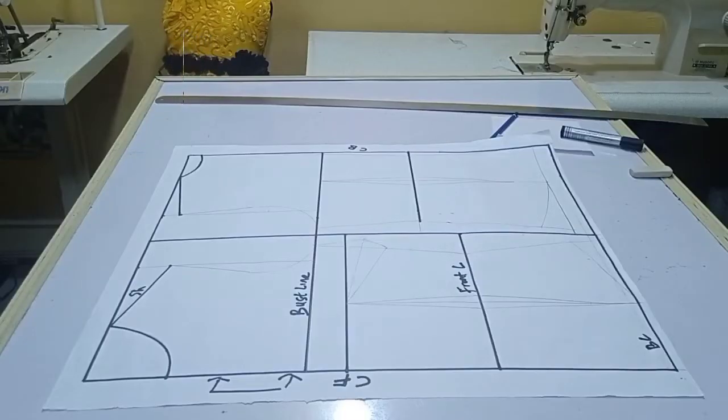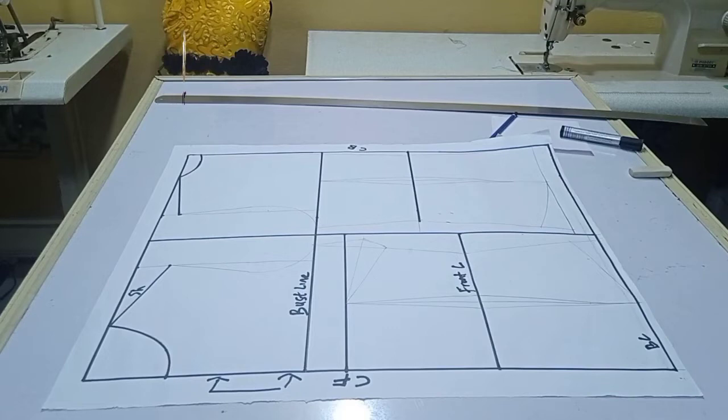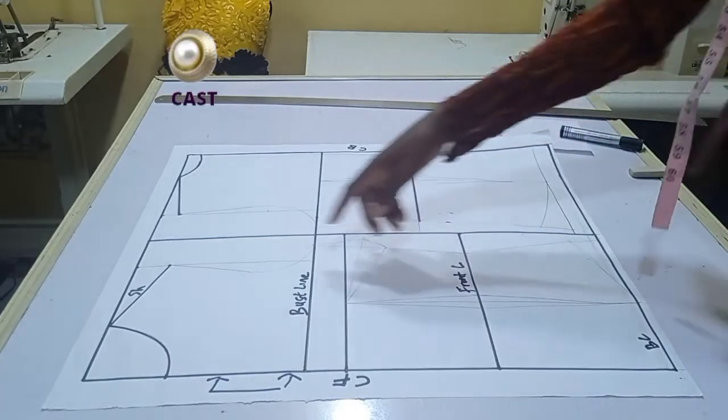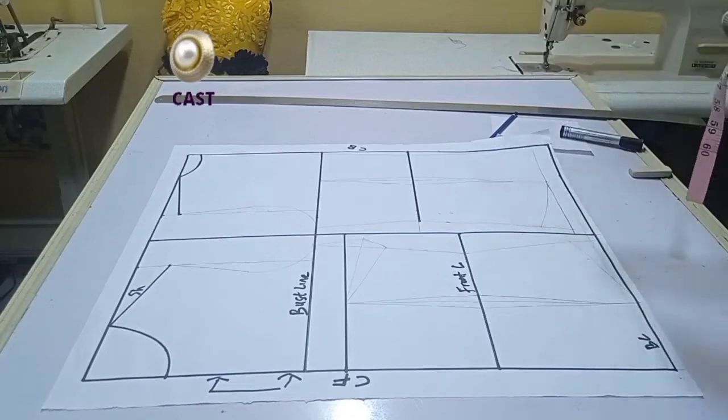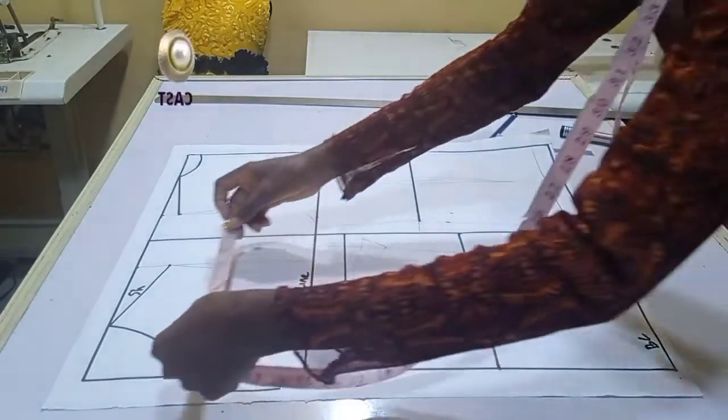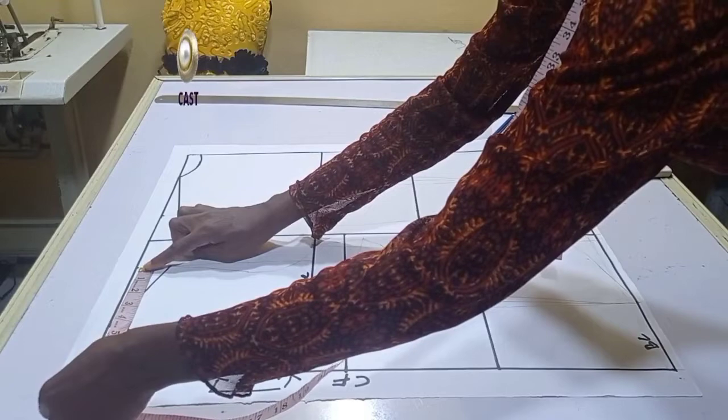Now we'll go ahead and insert our armhole measurements. The armhole I'm working with is 7.5. Before you can draw the shape of your armhole, you are going to be bringing down your shoulder measurement.